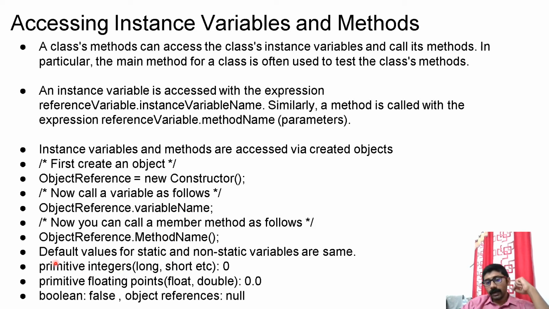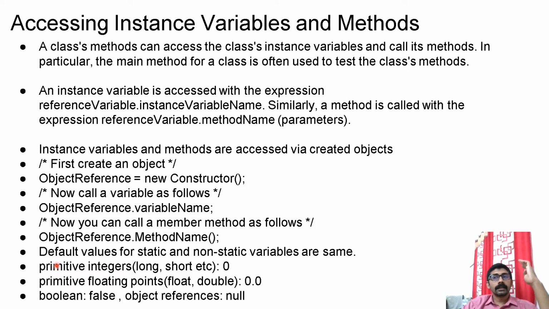Now I did not explain one particular point. In a class, you can have static members or instance members. I am not initializing them using any constructor. In that case, what would be their default value? We said there are three types of variables in Java.